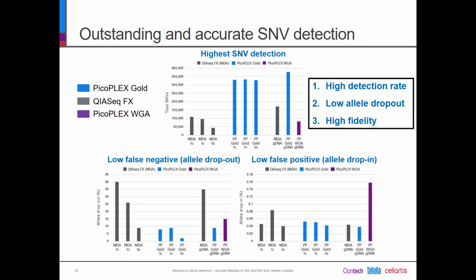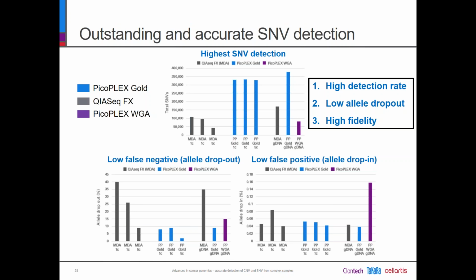Is Picoplex Gold good at detecting the mutations that you need to detect? Do you miss some of the information or not? You want to keep this frequency of allele dropout the lowest possible. And this is what you can see here in blue with Picoplex Gold, which has very low allele dropout frequency with respect to MDA. This is also at the single cell level.